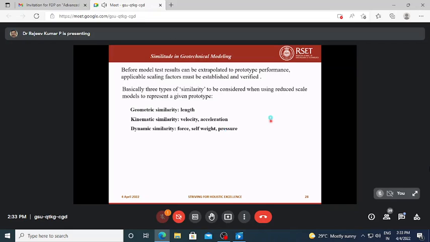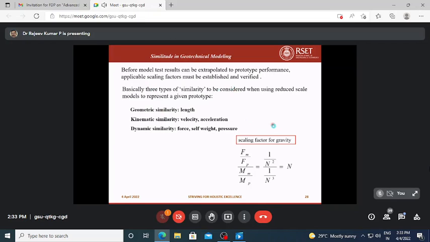These similarities will be considered when you do the scaling. Before you apply the scaling laws, these conditions will be considered, and you arrive at certain scaling ratios.